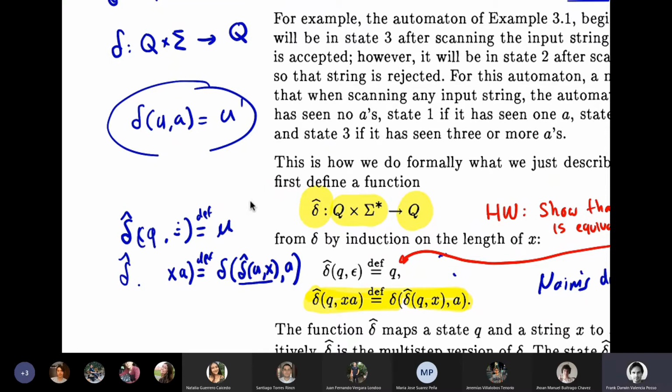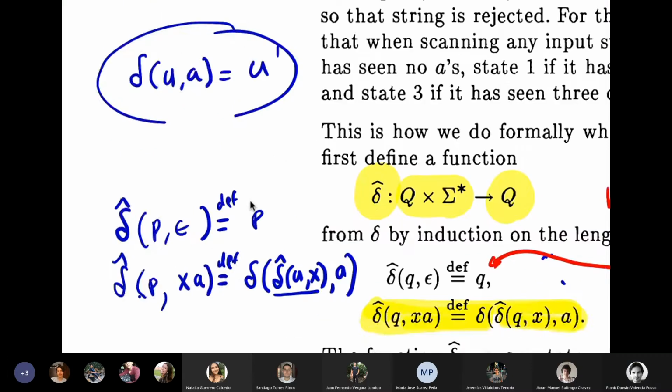He said Q, what did we use? P, I think we used P. Delta hat of P, epsilon is P. And then he said delta hat of P, XA is, it's complicated to read this little part.